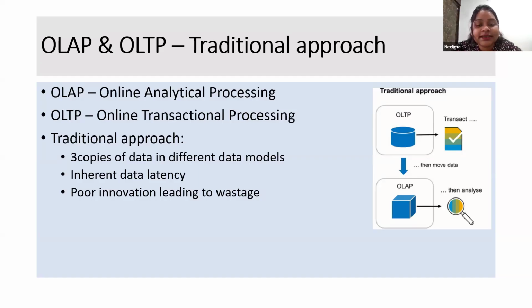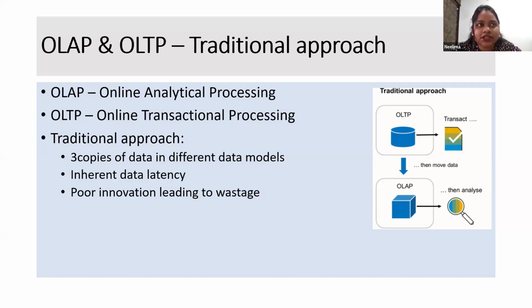This created an inherent data latency. Inherent data latency means reports were not real time and there was always a delay, because if the system got stuck and the transaction data was not being sent to OLAP, then it would not be sent to the final decision. So if there is a delay in data extracting and uploading, then there is a delay in decision making too, which created a lot of lacking in taking decisions.